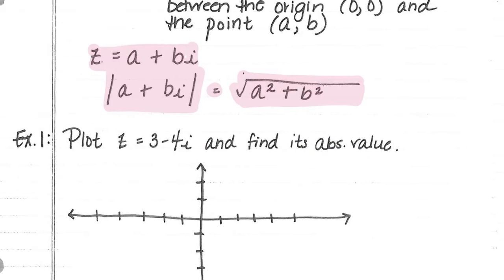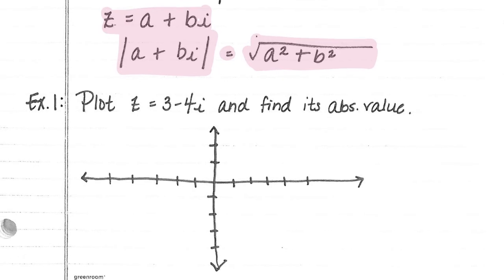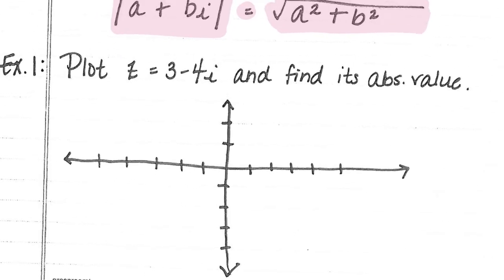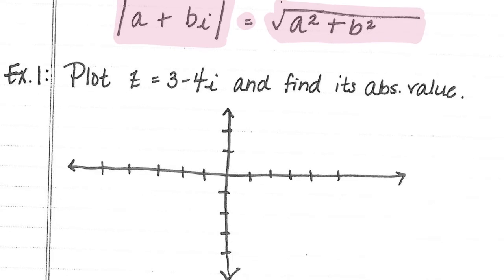So let's read this first question. It says, plot 3 minus 4i and find its absolute value. So I'm going to keep that little formula right up there for us. If I'm going to plot positive 3 and a negative 4 on the imaginary, I need to know where that is.